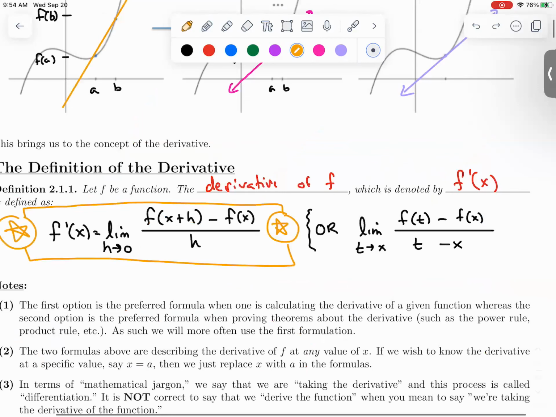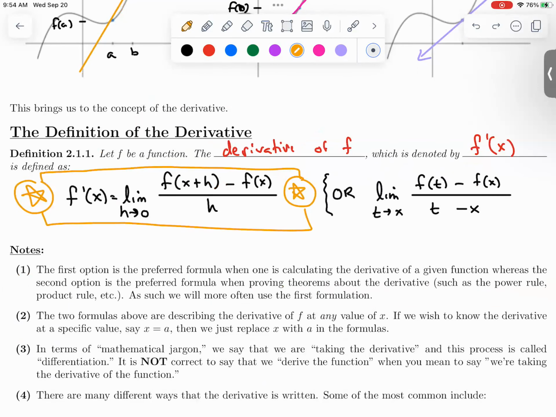And so the other note is that this is describing the derivative at any value of x. So this is how you would find the overall function that you get from taking the derivative. If you want to know at a specific value, you would just replace x with a.